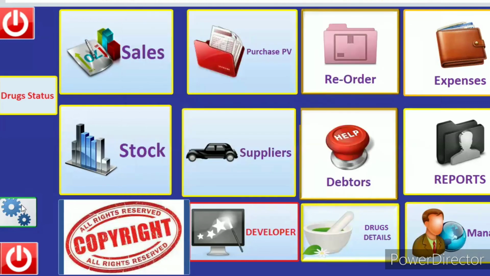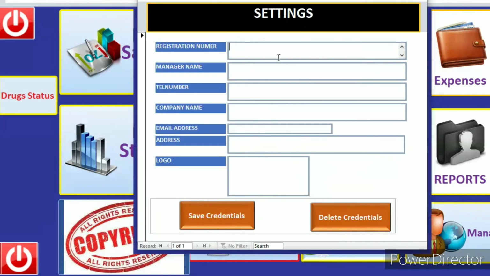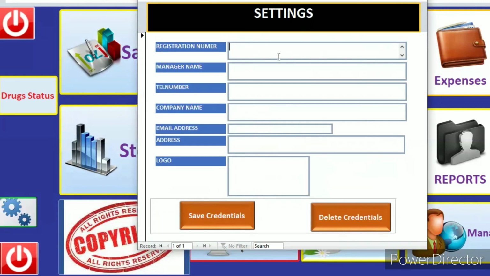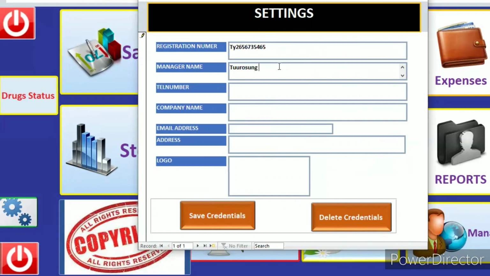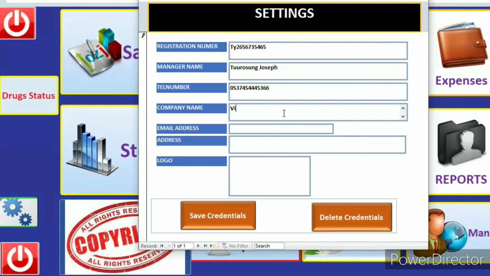So let's just try that for you to have a look while we come to the end of the tutorial. So if I enter the registration number here, and I enter the manager's name, now I want to enter the phone number. Something, the company name. Then I put the email address.